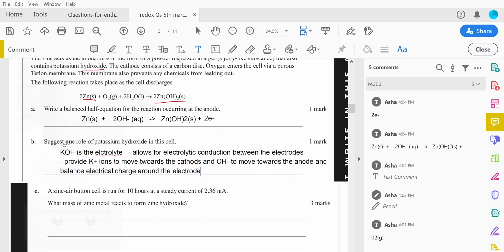Just how anions and cations migrate from the salt bridge. It still happens in batteries. Or we also talk about that salt bridge between two half cells as the internal circuit.